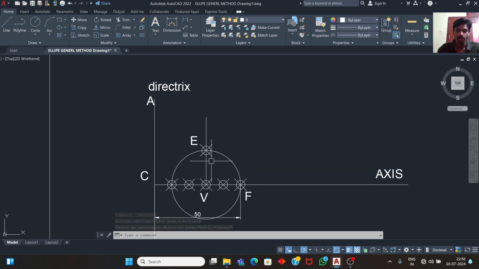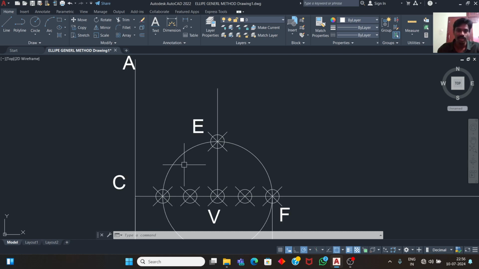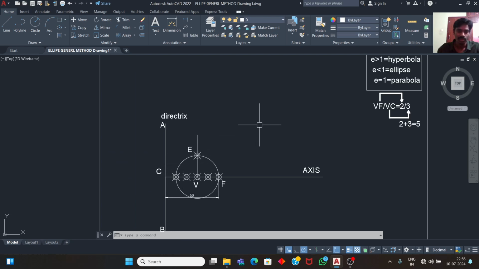Now we need to draw one eccentricity line, an undefined line, with the help of the ray command, RAY. With this ray command, we are going to draw an undefined line.